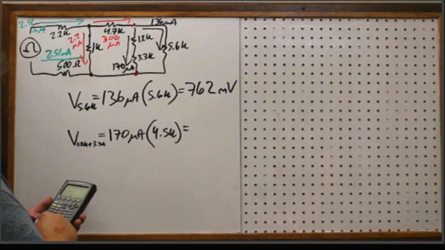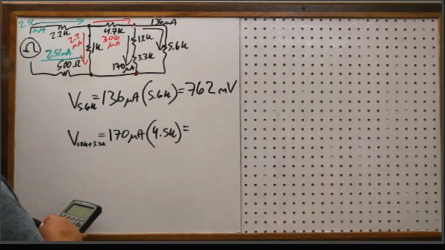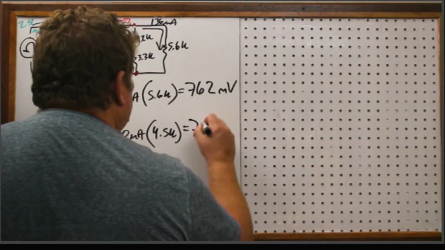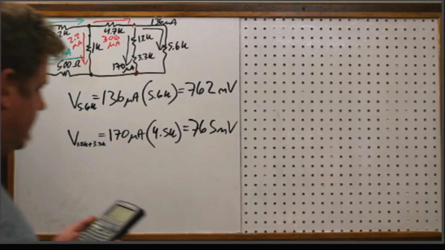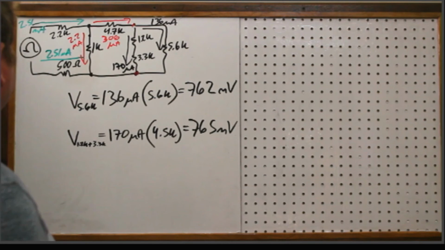So 170, whoops, clear, 170E-6 times 4.5E3, and I get 765. Okay, so essentially the same thing there. We're talking about 3 microvolts difference. So that is perfectly acceptable.